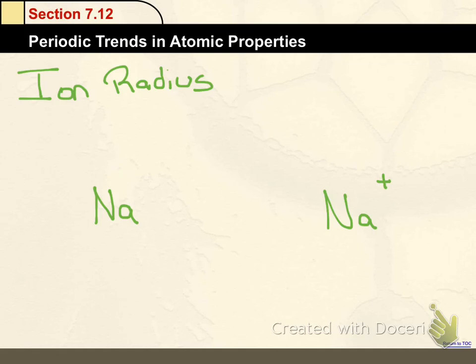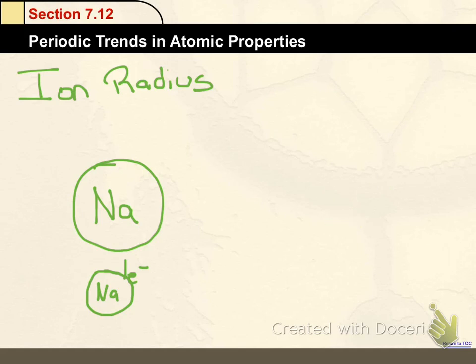So it's losing its outer energy level. Okay, so as sodium loses the electron, let's take a look at its outer energy level. There's 1 electron here. So it loses that outer orbital. So your size for the sodium atom is big. For your sodium ion, it's going to be smaller. So let me make this guy a little bit smaller, okay?